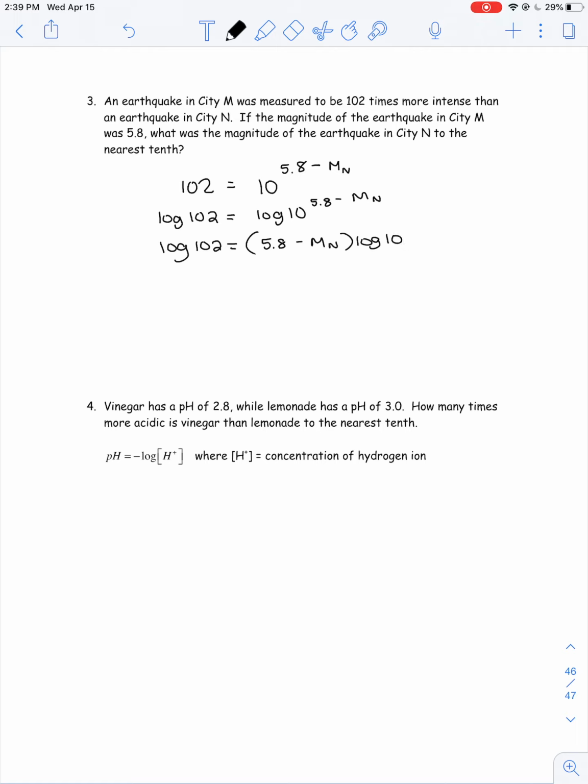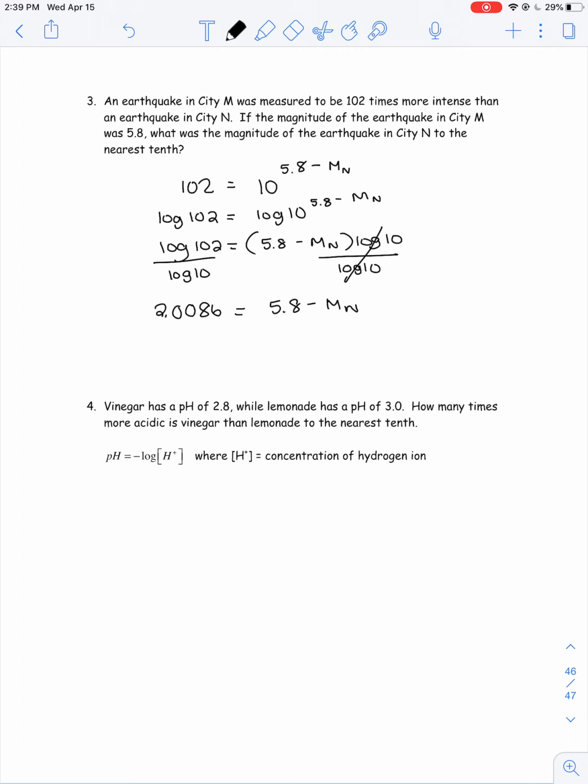And then we can divide both sides by log of 10. So we're going to put log of 102 divided by log of 10 in our calculator and get approximately 2.0086. And that's 5.8 minus the magnitude of N.